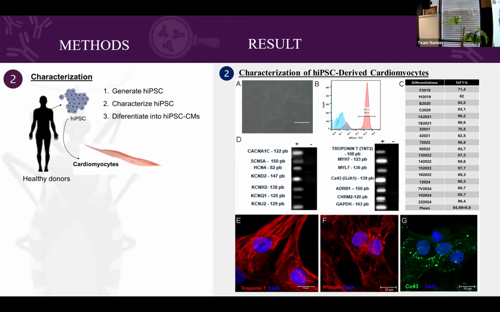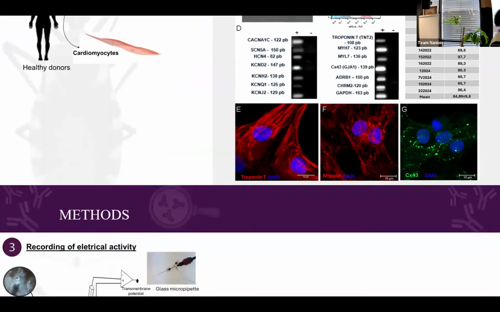All my differentiations normally started with 60 up to 99% expression of troponin. Then I characterized the expression of the principal ion channels and also some sarcomeric proteins like troponin T, myosin, and connexin 43.